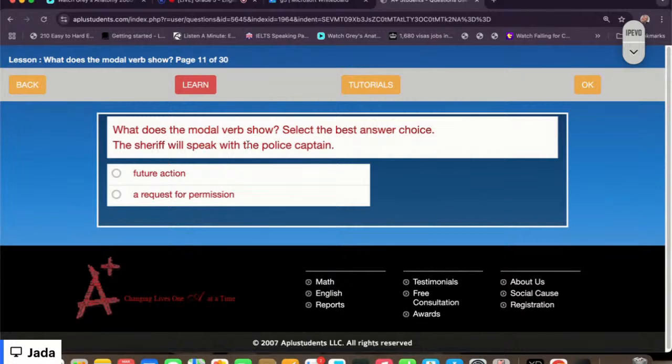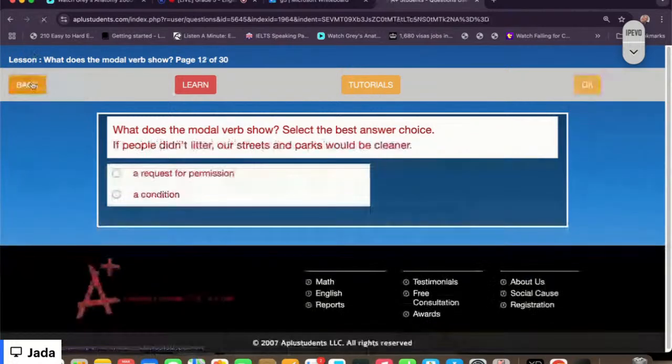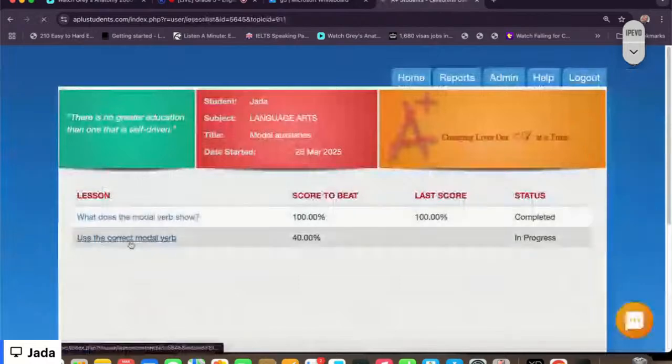Okay, so future action. All right, so that's it for the first lesson, which is what does the modal verb show. We'll move on to the next lesson and the last one: use the correct modal verbs.